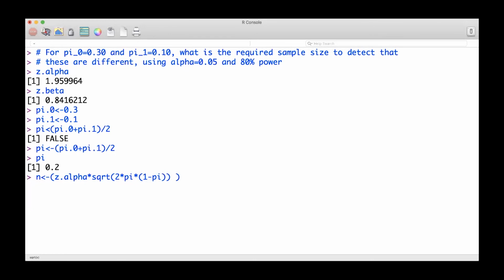And then we have plus, and I'm going to erase this and go to the next line so that you can see what I'm typing. Z beta times the square root of pi naught times 1 minus pi naught plus pi 1 times the quantity 1 minus pi 1.